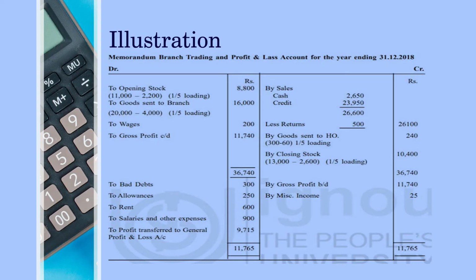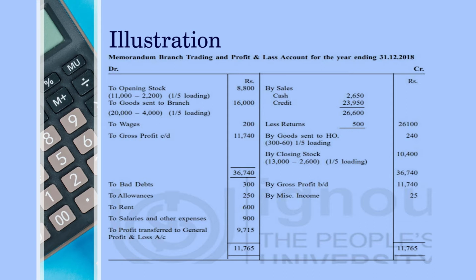Memorandum branch trading and profit and loss account for the year ending 31st December 2018. Let us see how it will be prepared. First is the opening stock.